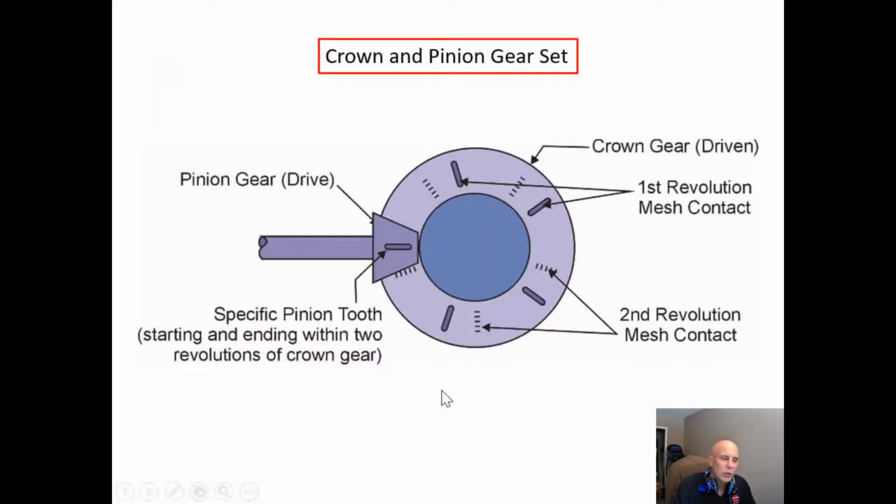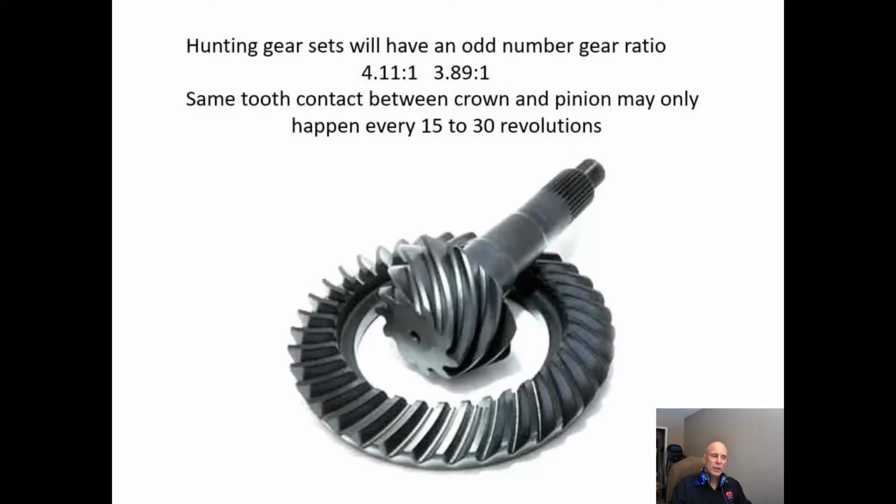Now, when we get into what's called a partial hunting gear set, they may need to be timed or they may not, so you'll have to look it up with the manufacturer. And then the third type is a hunting gear set. These don't need to be timed because they're mismatched. Hunting gear sets will have an odd number gear ratio, 4.11 to 1, 3.89 to 1.